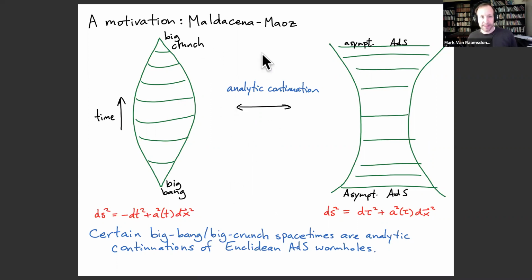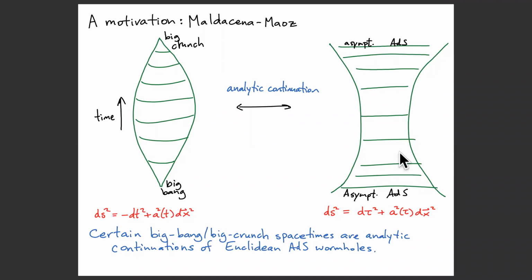So basically they noticed that certain cosmological spacetimes with a big bang and a big crunch, if you analytically continue the time direction, then you can get an asymptotically AdS spacetime. But an asymptotically AdS spacetime with an asymptotically AdS region in the Euclidean future and in the Euclidean past. Okay, so this kind of spacetime is an asymptotically AdS Euclidean wormhole geometry.